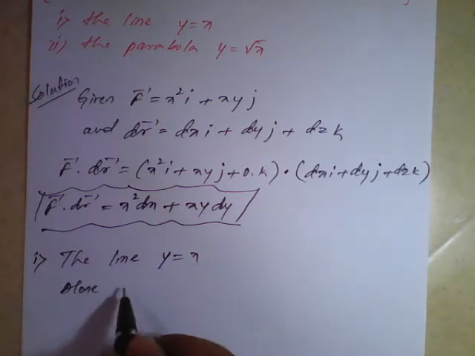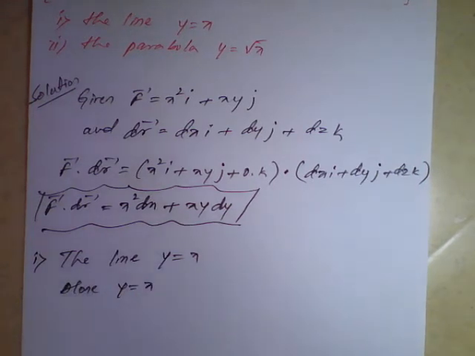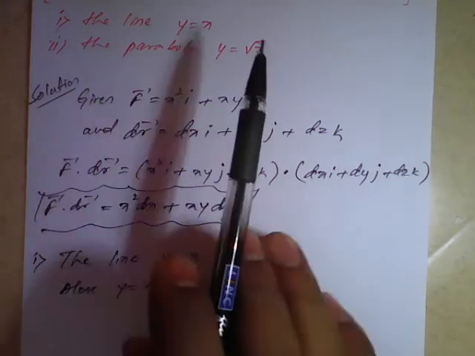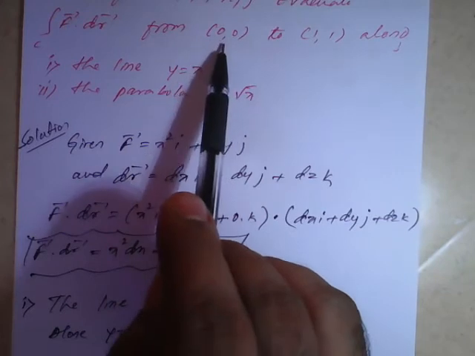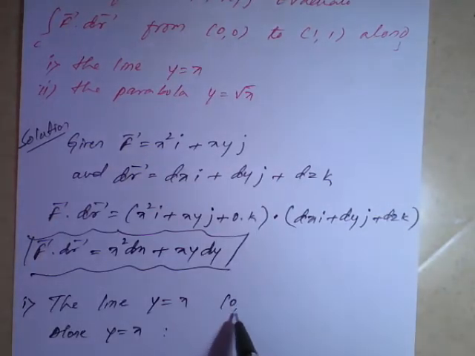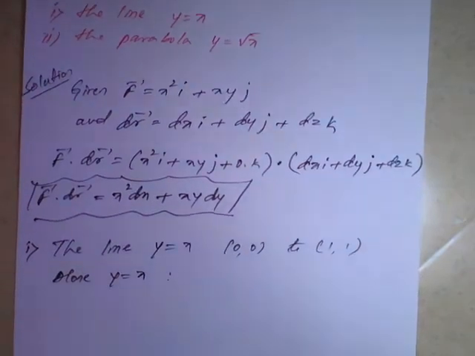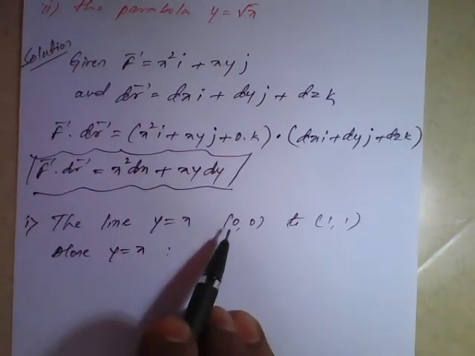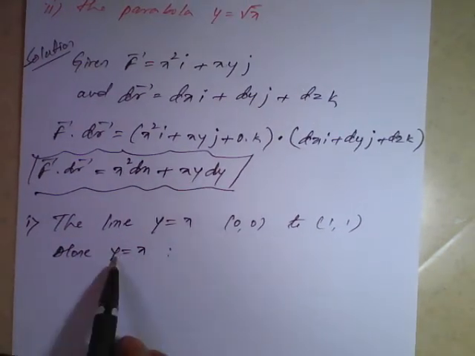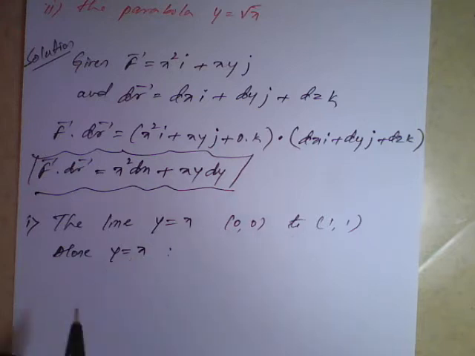Along y is equal to x, the points are (0,0) to (1,1). If you put x is equal to 0, y is also 0. If x is equal to 1, y is also 1.